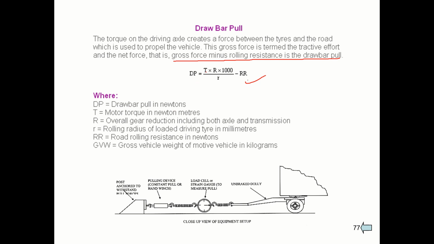You see here, it is motor torque in Newton meters, overall gear reduction, that means engine torque and overall gear, so total torque that is available, divided by the radius of the wheel, that means you got the tractive force, minus rolling resistance you subtract, then you get the drawbar pull.